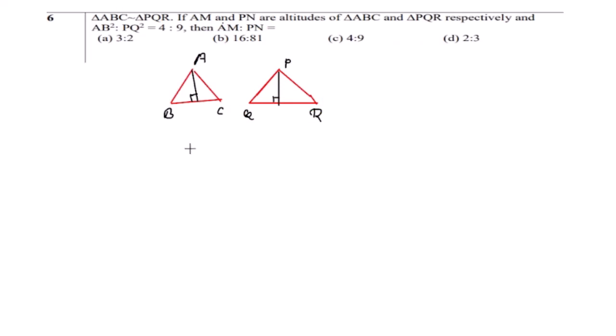Next question, from similar triangles. Triangle ABC is similar to triangle PQR.